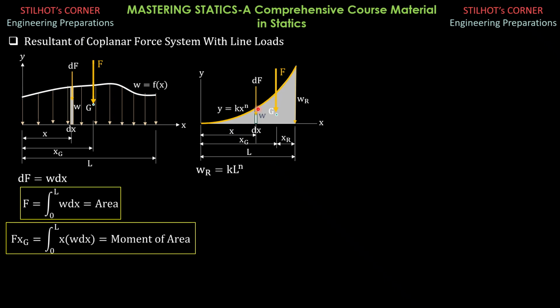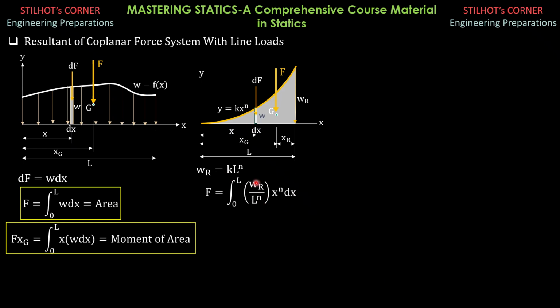The value of w therefore is K, which is WR over L to the n, times x to the n. So F equals integral 0 to L of w, which is K, WR over L to the n, that's the value of K, then x to the n dx.